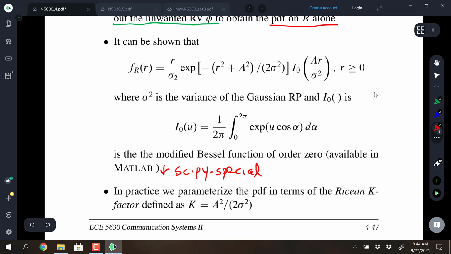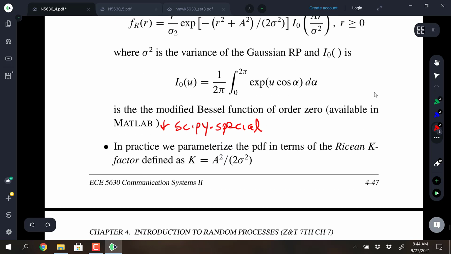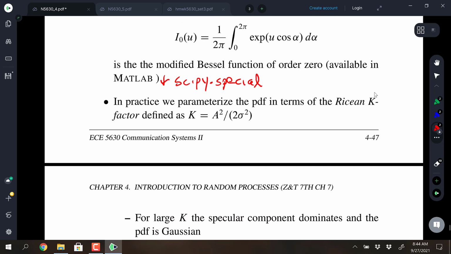So that's this PDF for the envelope, and because the ratio of the power in the specular component to the power in the diffuse component is a measure of how strong the specular component is relative to the diffuse component, the book uses K as that ratio, A squared over 2, and then divided by sigma squared, which would be the power in the diffuse part.